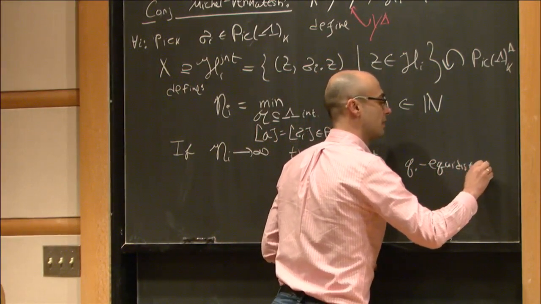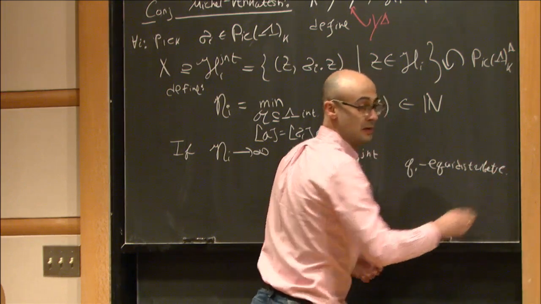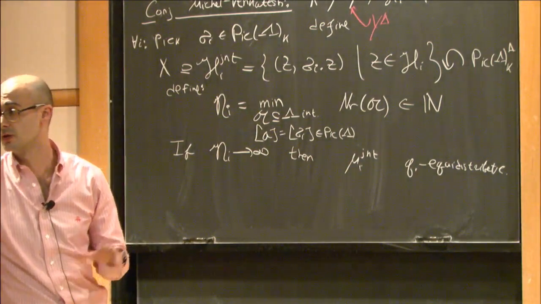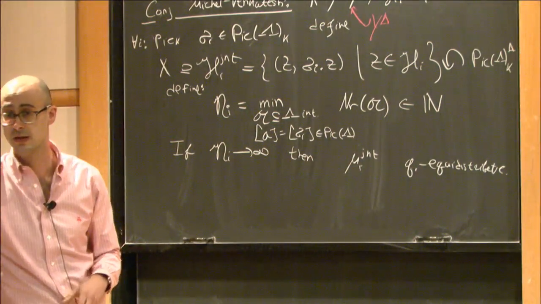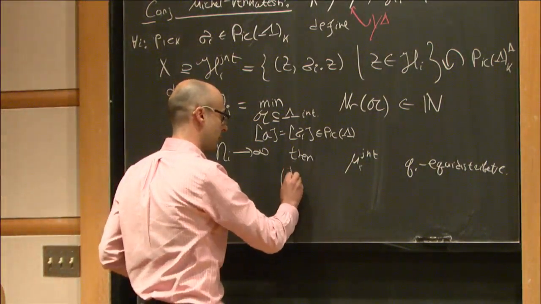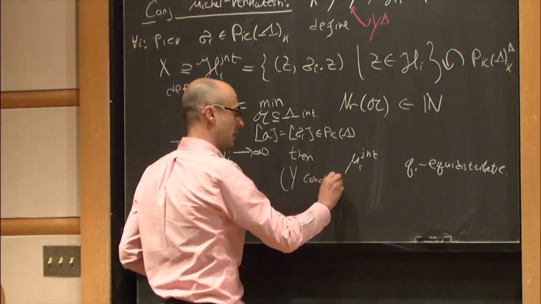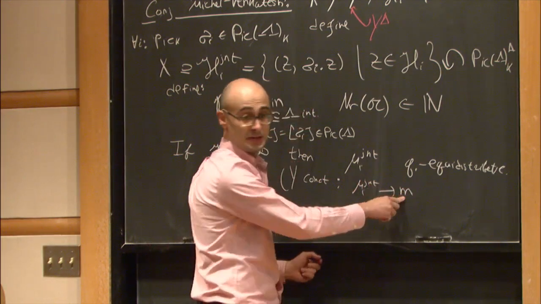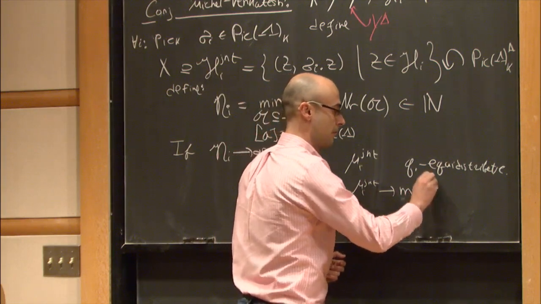It means that any weak star limit will be a convex combination of the uniform measures on connected components. And this is already the product measures. So if Y were connected, you would just have that mu_i joint should converge to m times m, where m is the Haar measure.